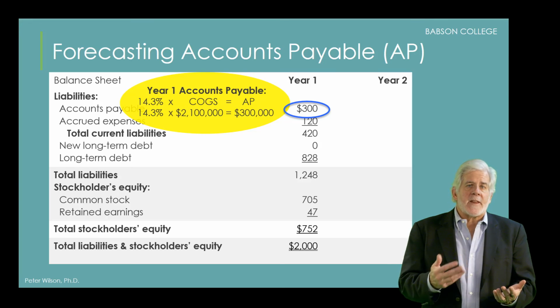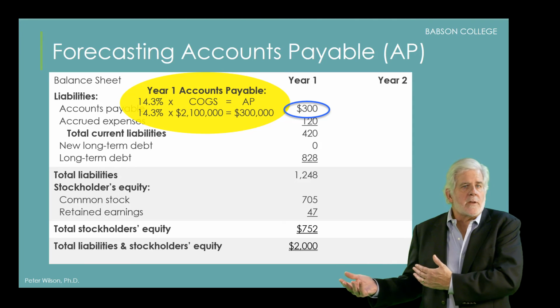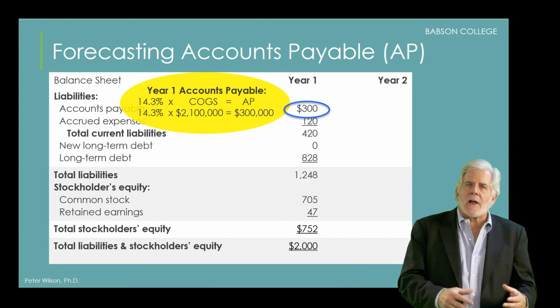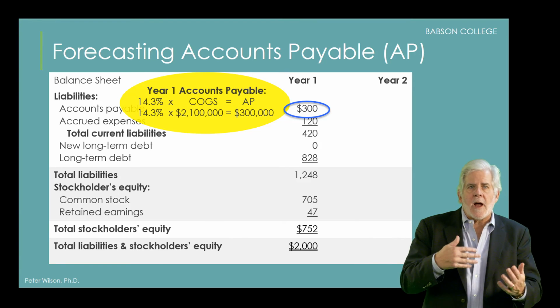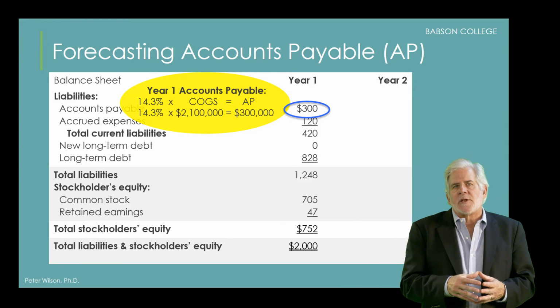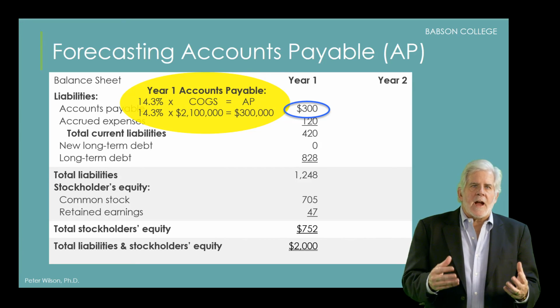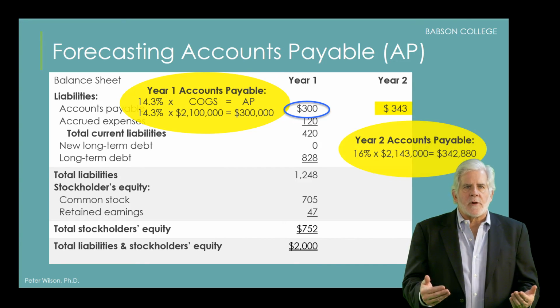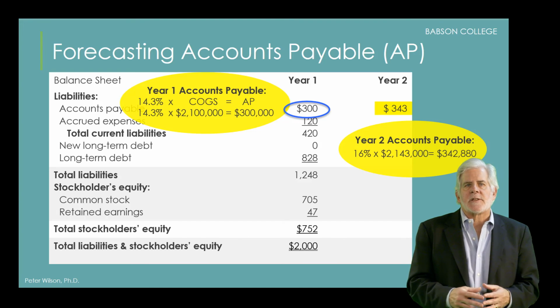To try to balance this out, we can expect NEBCO to also try to take a bit longer to pay its suppliers, leading to a slight increase in their payable balance. Of course, NEBCO will have to be careful not to damage its relationship or credit standing with its key vendors. Thus, accounts payable is forecasted to increase as a percentage of cost of goods sold from 14.3% to 16% in year two.